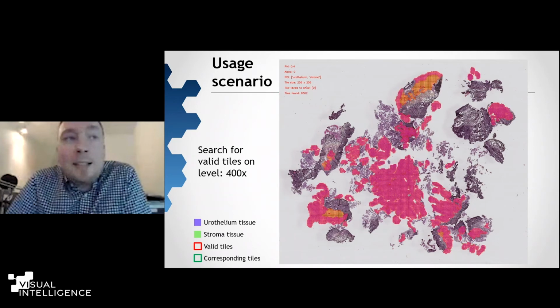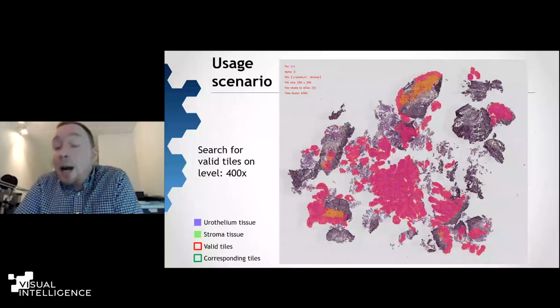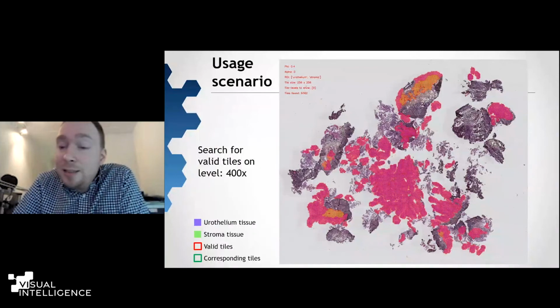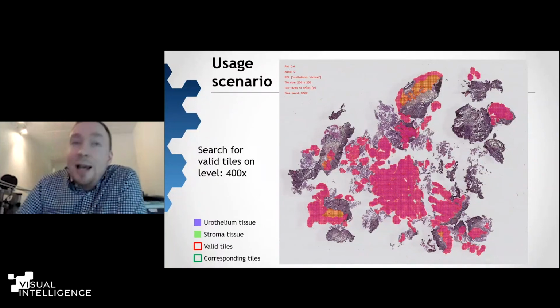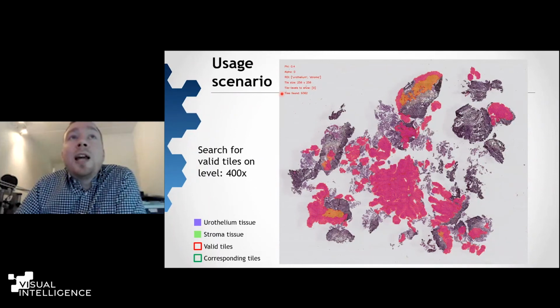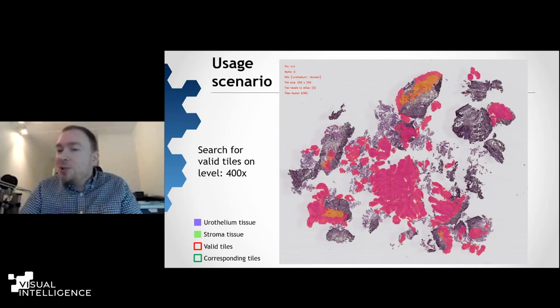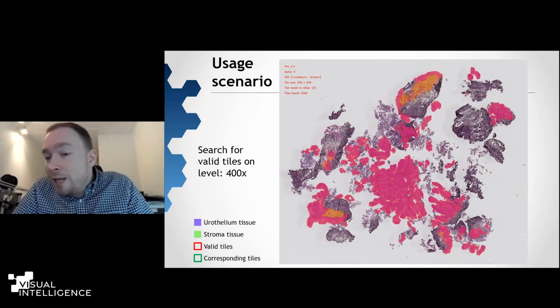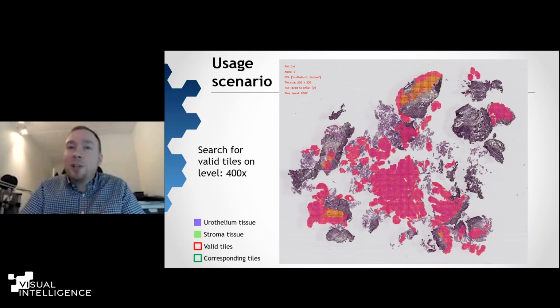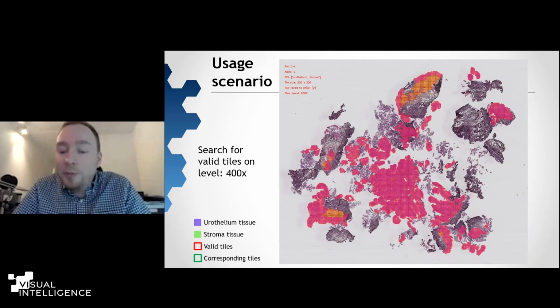And lastly, we can search for valid tiles on the highest magnification, 400x. And now we can see that we are finding over 9,000 tiles here. And for each tile in the image, we are, of course, also finding the corresponding tiles from level 25x and 100x, but they are not shown on the figure.